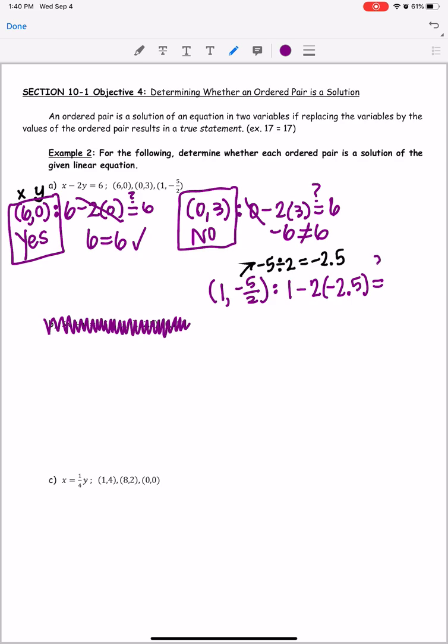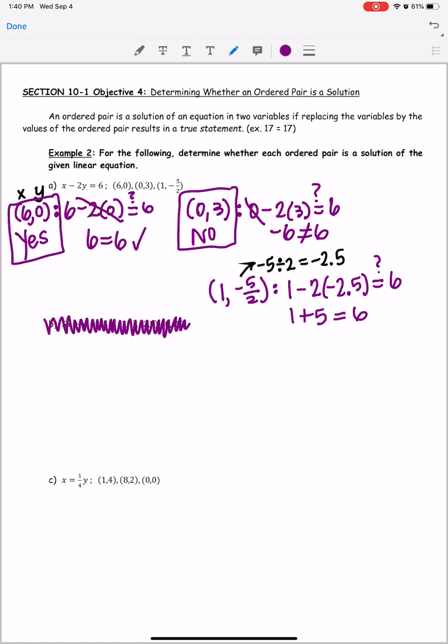And again, does this equal 6? So we've got 1, negative 2 times negative 2.5 is going to give me a positive 5, equals 6.